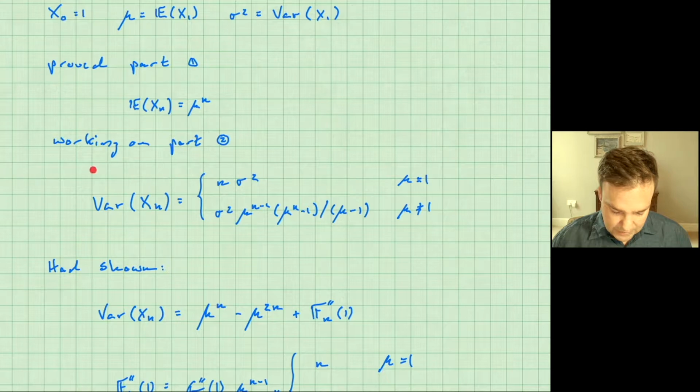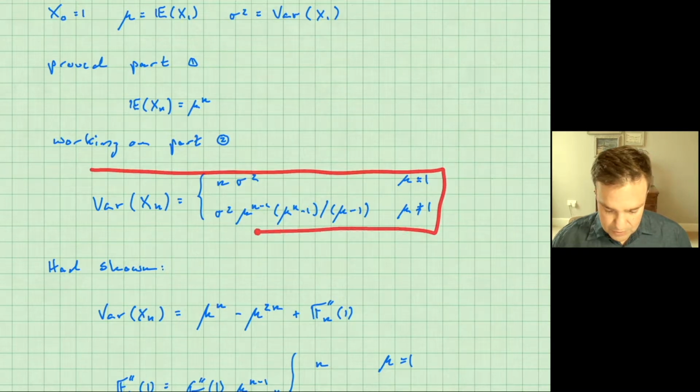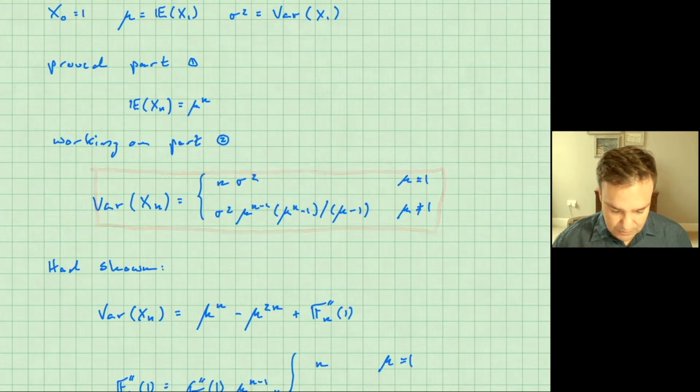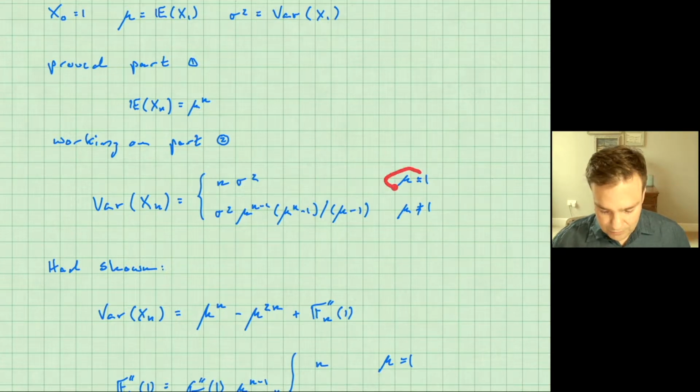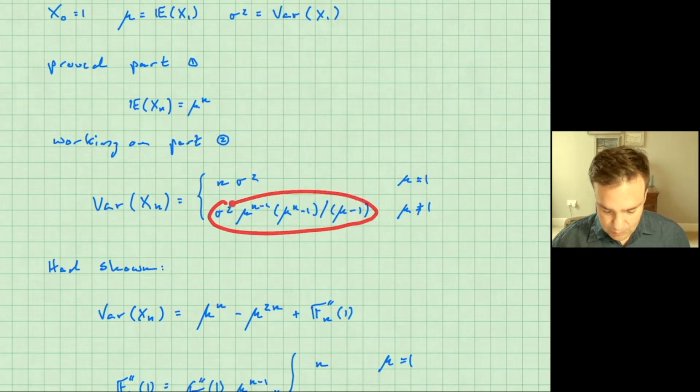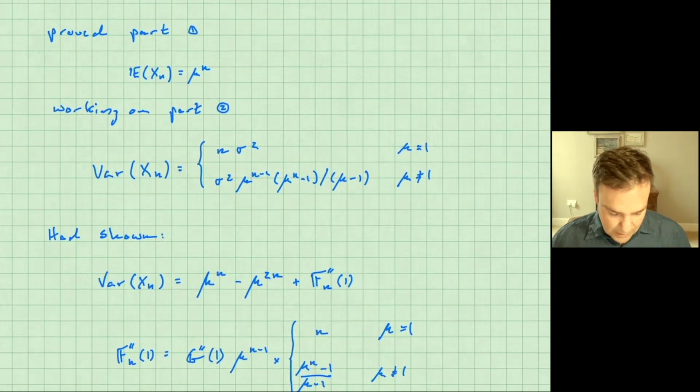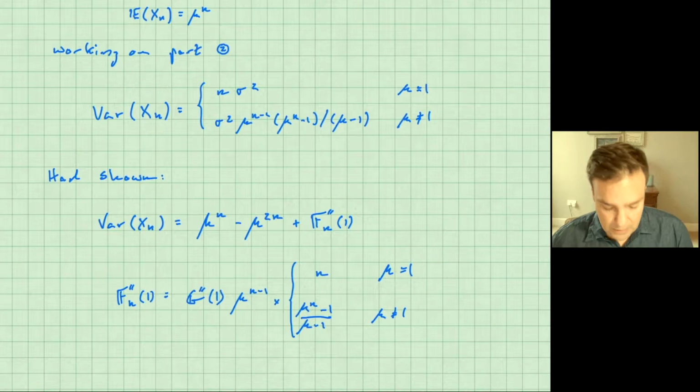This is what we were trying to show, that it has this piecewise defined result. So if mu happens to have the peculiar value of 1, then it has this simple form. And if mu is anything else, it has this little more complicated form. And we were most of the way there.